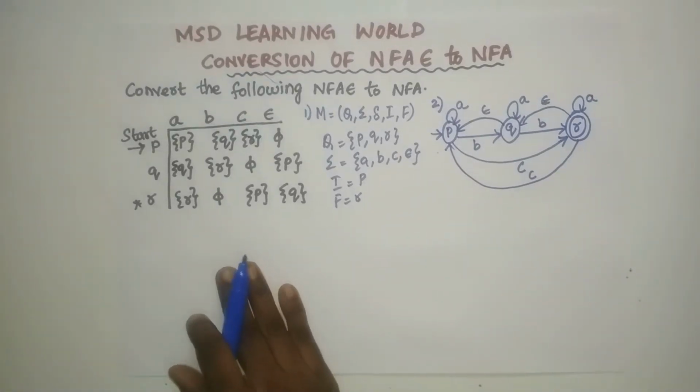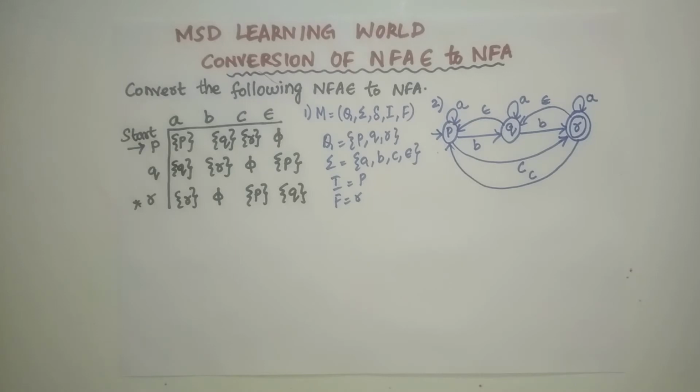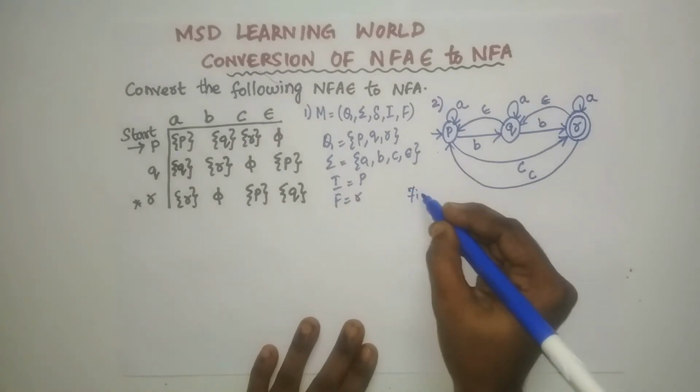Now, already we have seen that whenever we want to convert a non-deterministic finite automata to a deterministic automata, we have to start creating the new states. Now to eliminate the epsilon transition from the given problem, we have to find the epsilon closure.